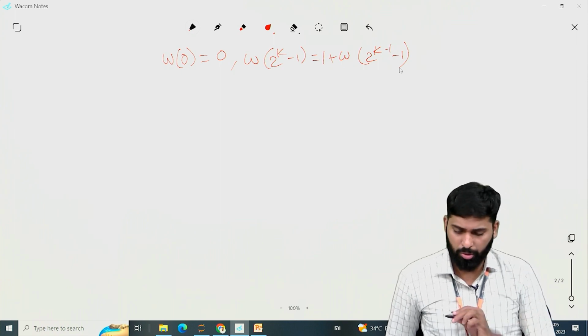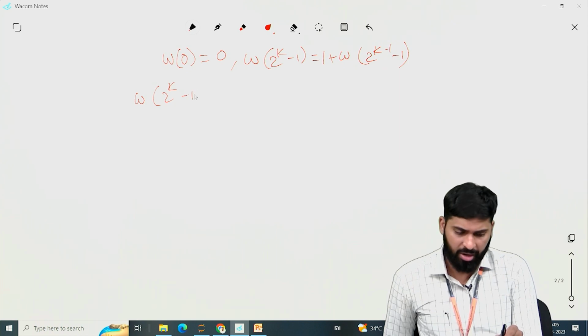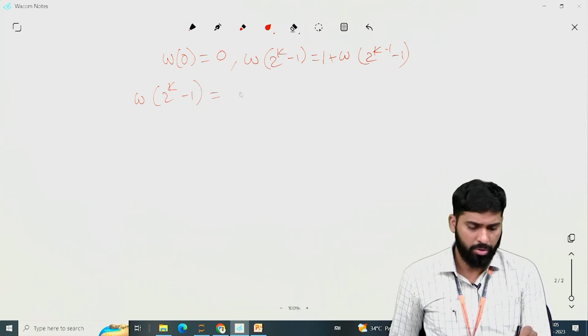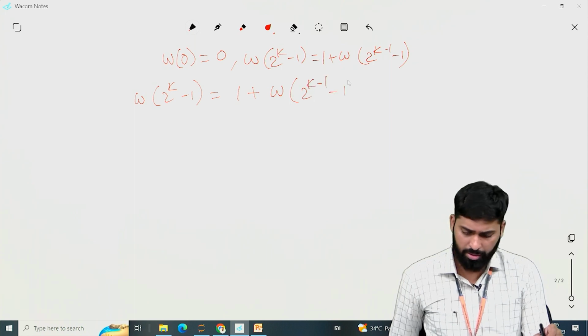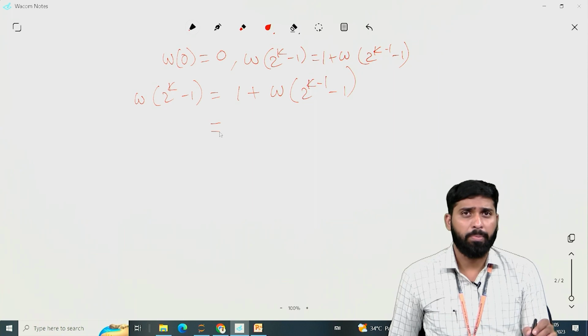We already discussed it in our previous class. Here, W(2^k minus 1) equals 1 plus W(2^(k-1) minus 1). Repetitive substitution means that in the place of W(2^(k-1) minus 1), we substitute.